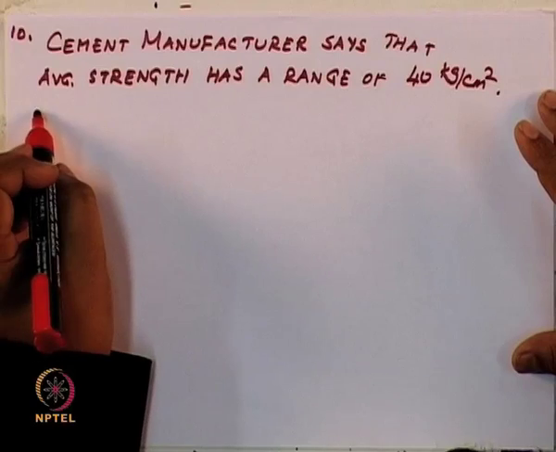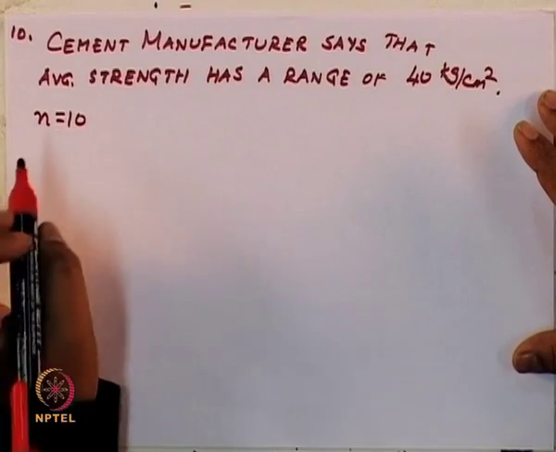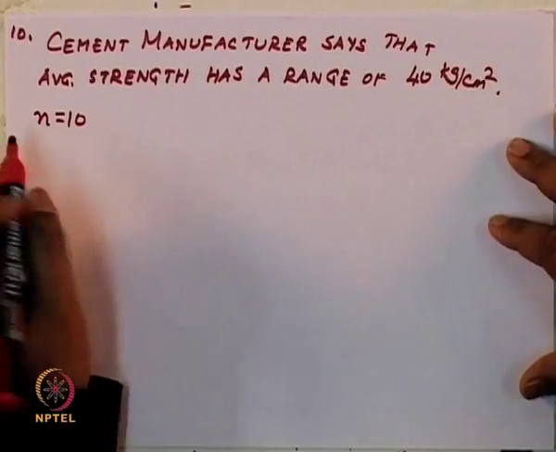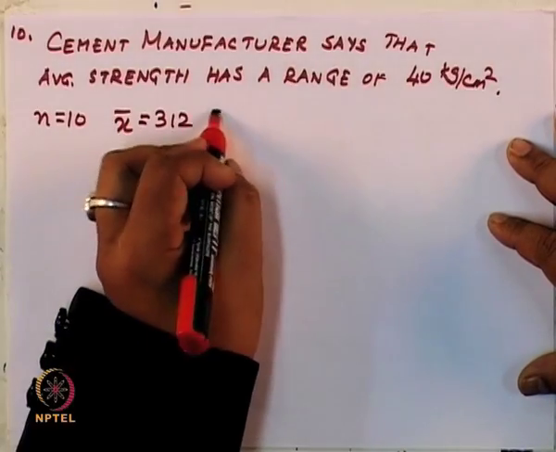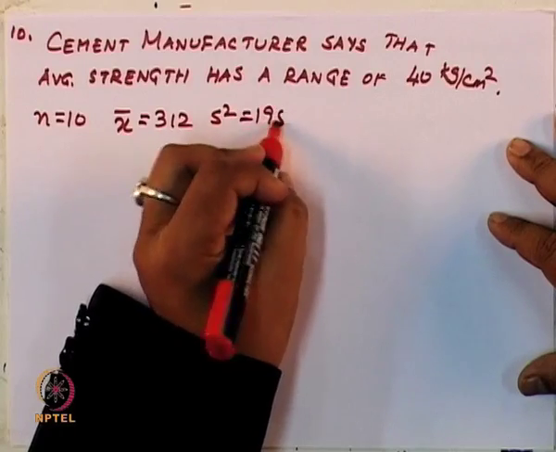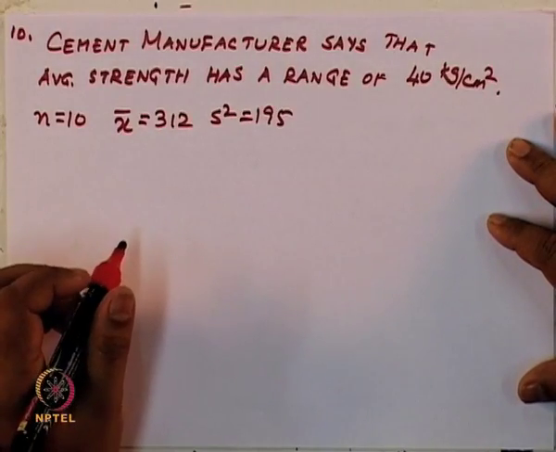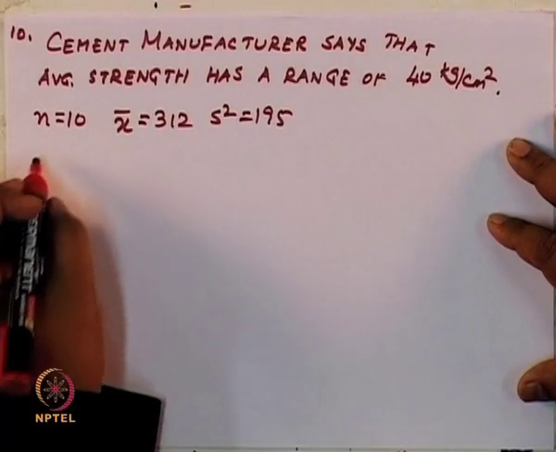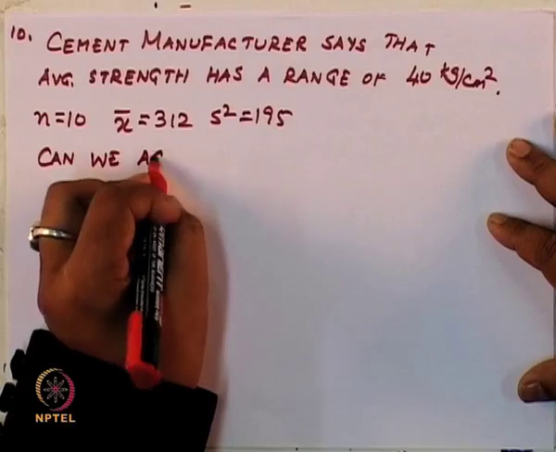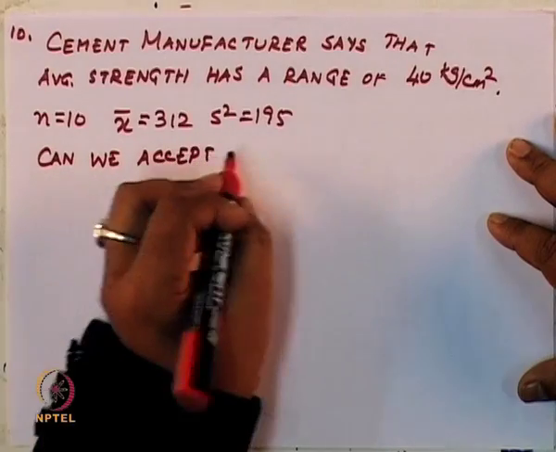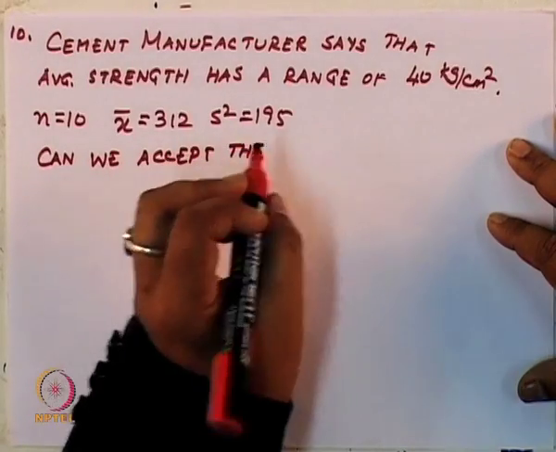So, to test it, a sample size n equal to 10 has been drawn, and based on this you have obtained an x bar value of 312 and an s square value of 195. Okay. So, can we accept the manufacturer's claim?